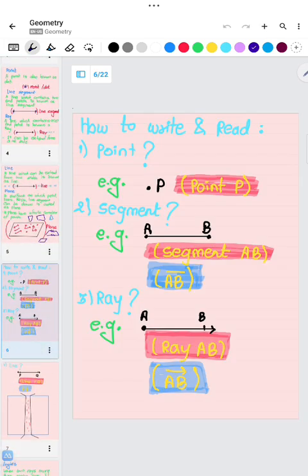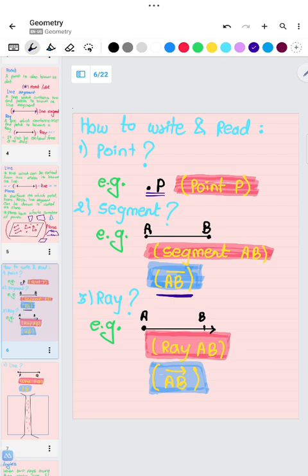Next, how to write and read point. For example, point P is read as point P and written like this. Second, how to write and read segment. A segment is written like this and it is read as segment AB.